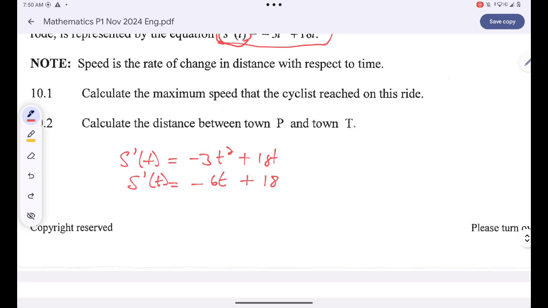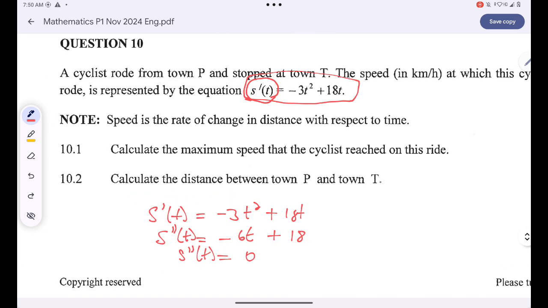So since it's maximum speed, take the derivative of the speed and equate it to 0. Remember that, guys, that this is already a derivative function, right? So a derivative of a derivative is a second derivative. That's why I have double prime over there.